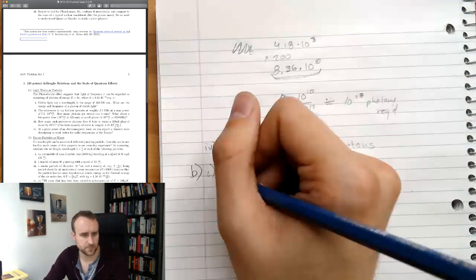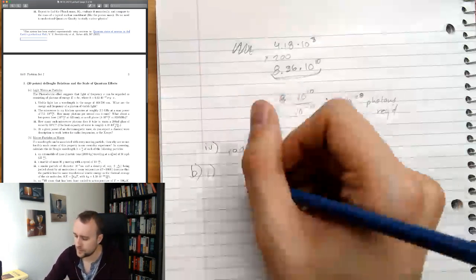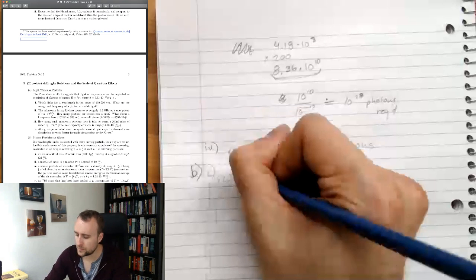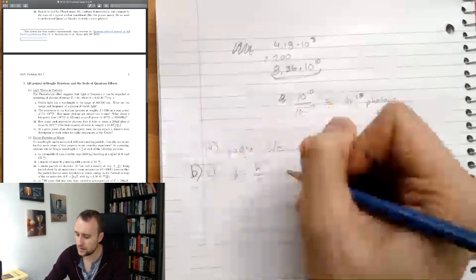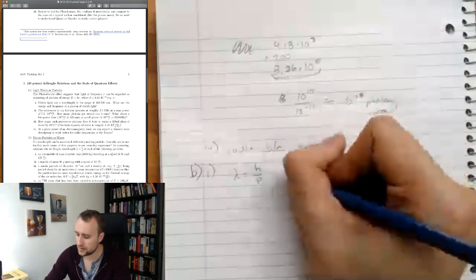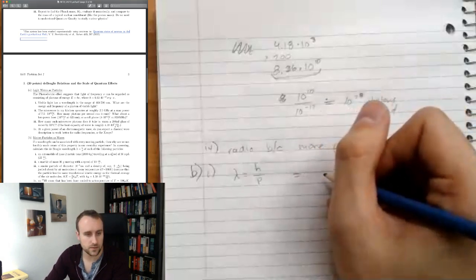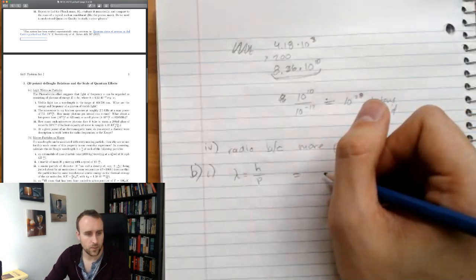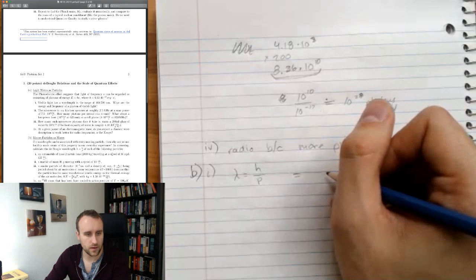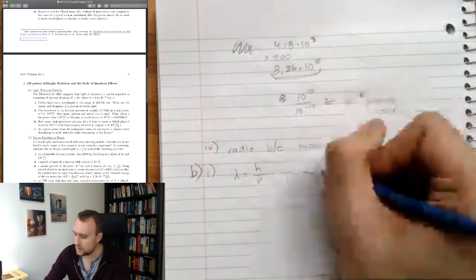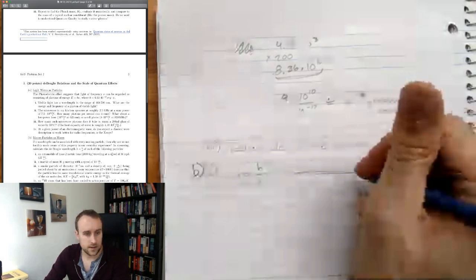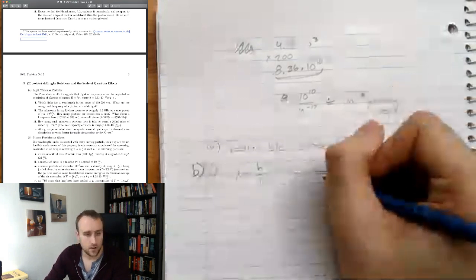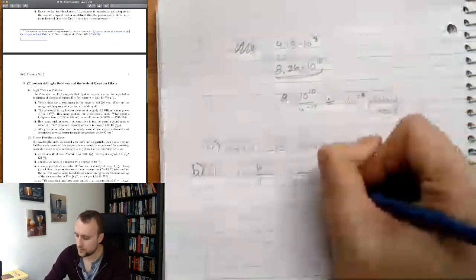So this is equal to h over p. For the truck example, the momentum p is equal to mass times velocity. So this is 44,000.